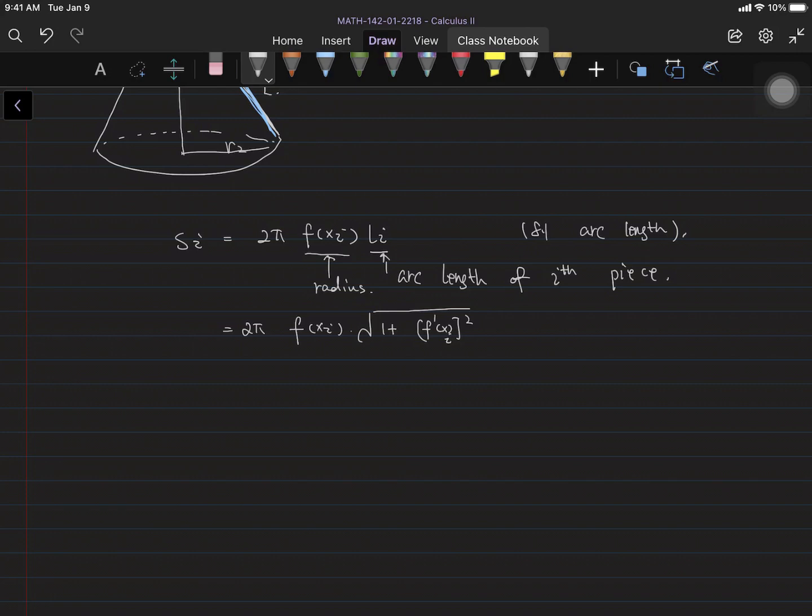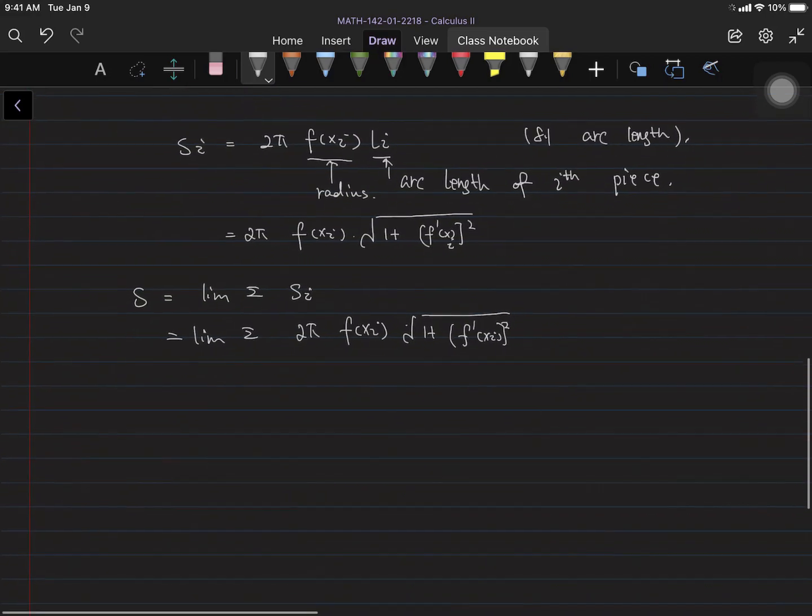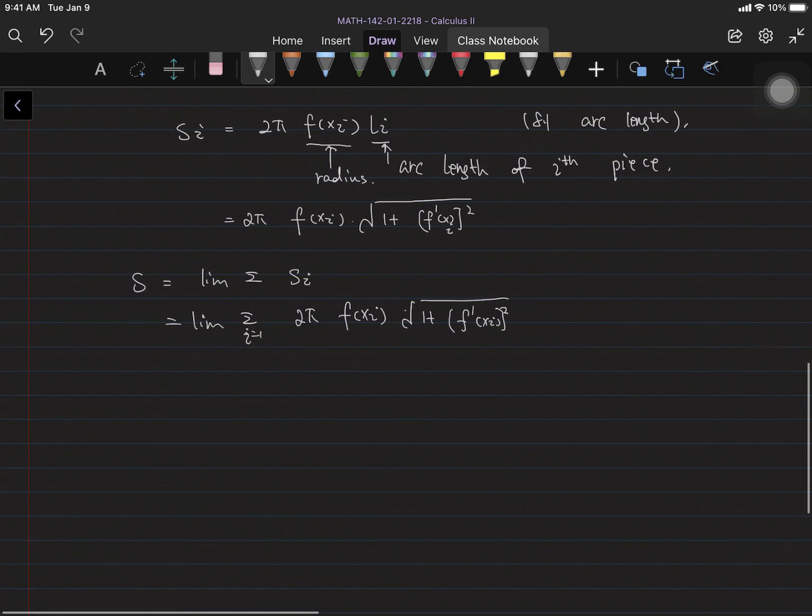So now let's write down our total surface area. S equals the limit of the summation of all the S_i, which is the limit of the summation of 2 pi f(x_i) times the square root of 1 plus the derivative squared, with i from 1 to n, as n goes to the limit.